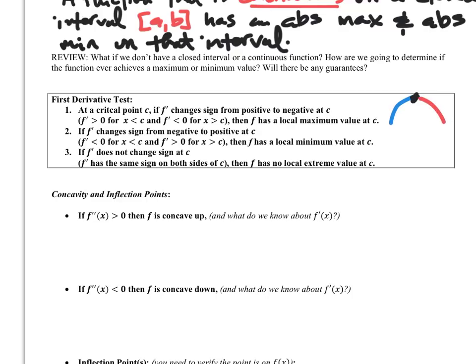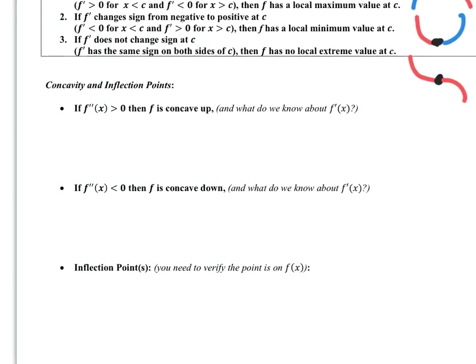If f changes from negative, f prime equals 0, and then f prime is positive, then we have a min. If f does not change sign at c, let's say the derivative is less than 0, and then it levels out, and then it's still less than 0, there would be neither a max nor a min at that point.